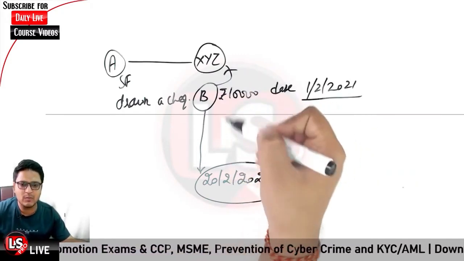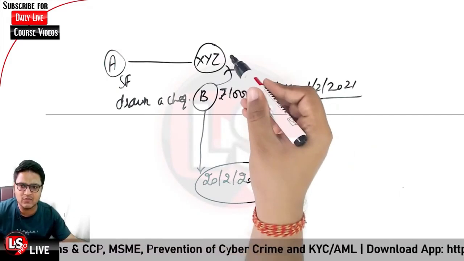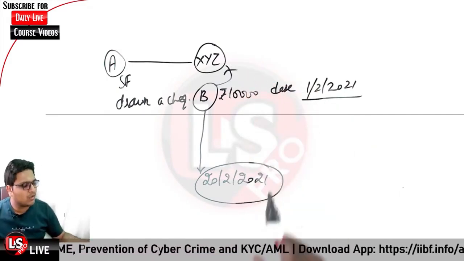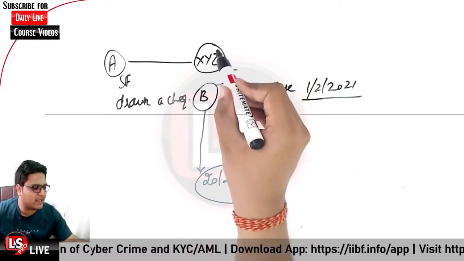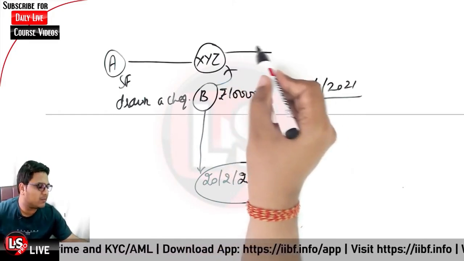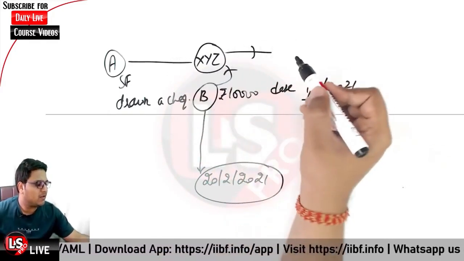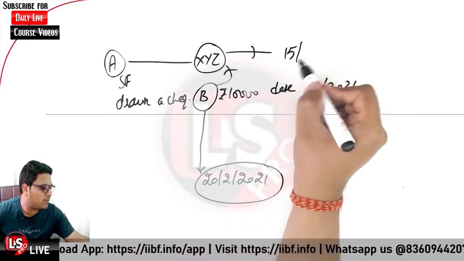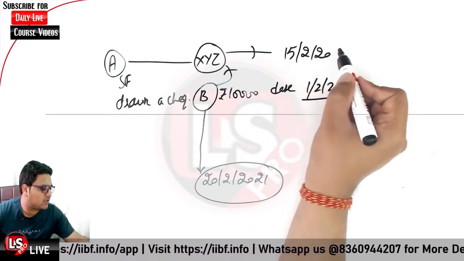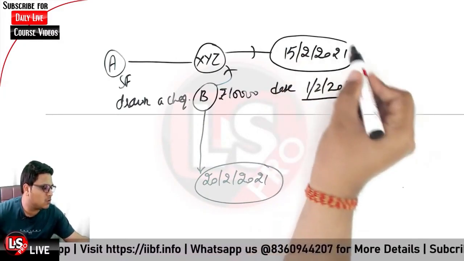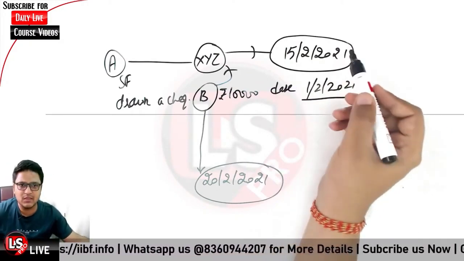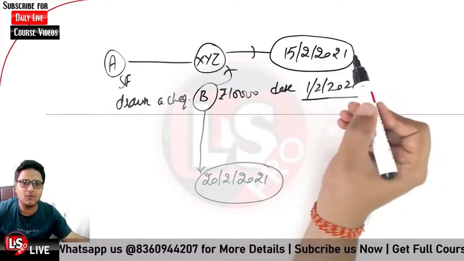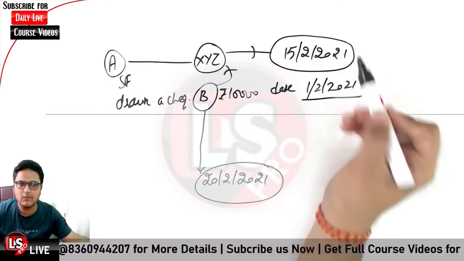And it was in the notice of bank XYZ that person A died dated 15th of February 2021.